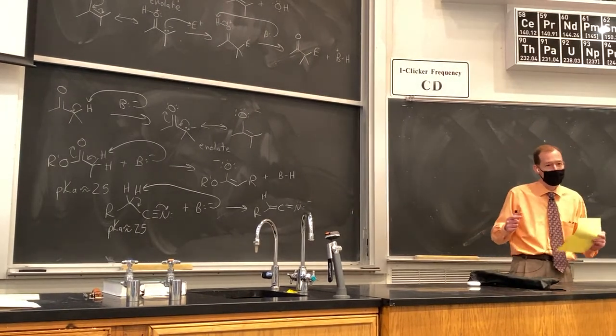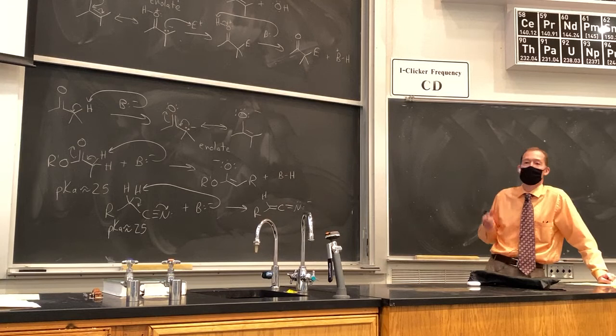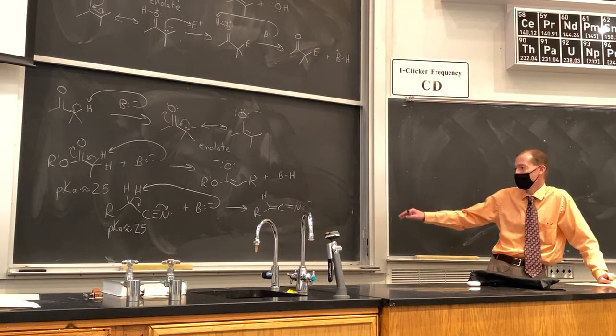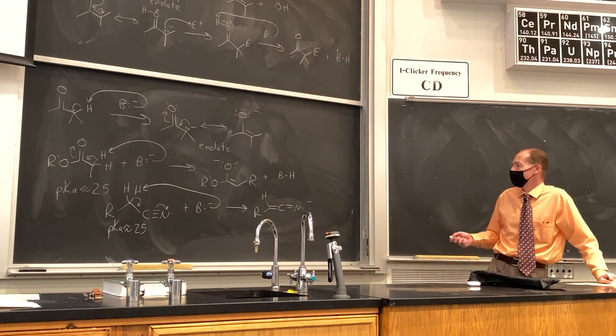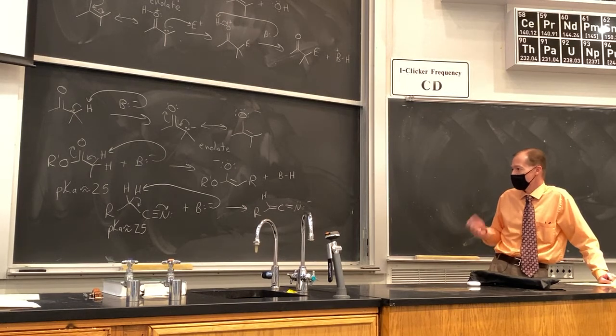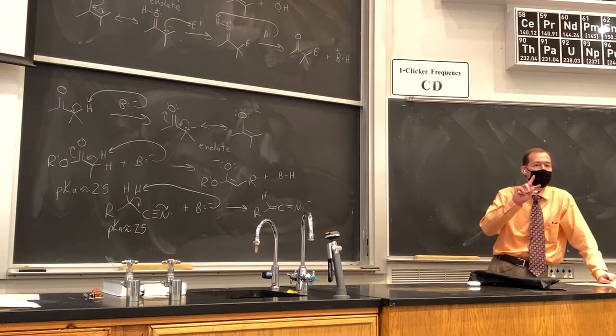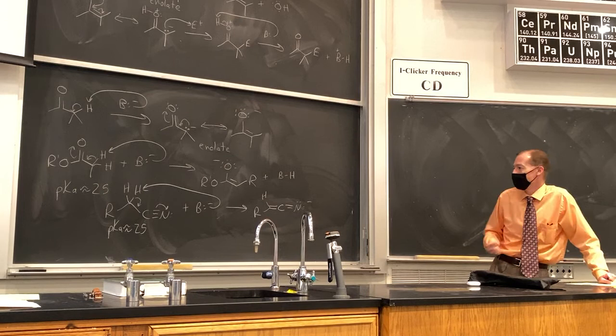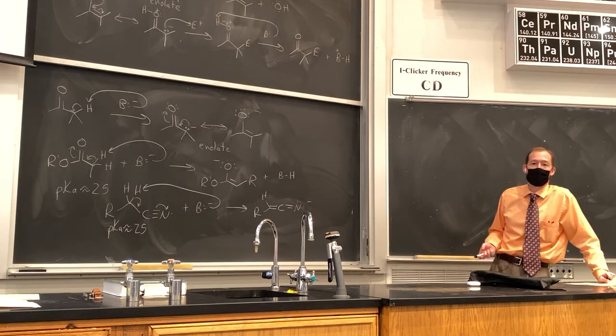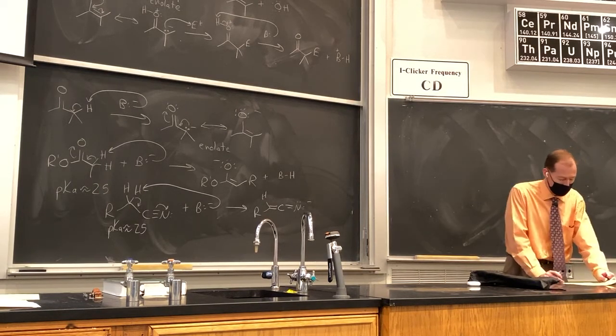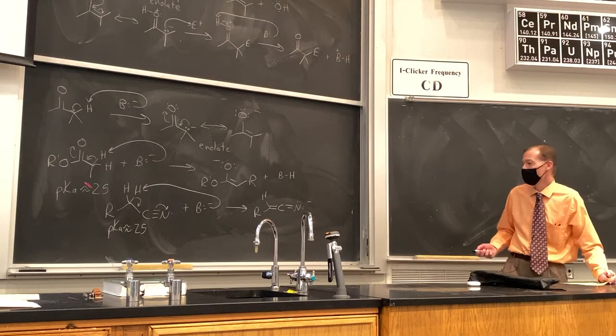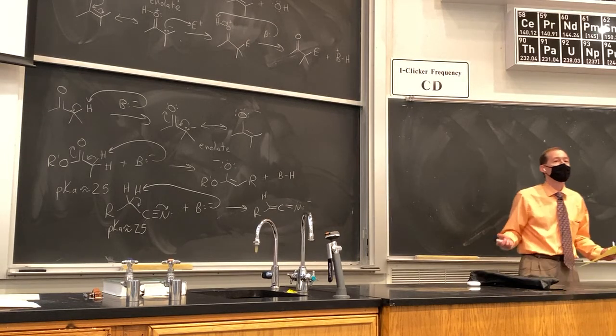You don't get as much benefit from having the negative charge on the nitrogen in the major contributor of a nitrile as you do from having the negative charge on the oxygen in the major contributor of an enolate. So those two features cancel each other out, and you have nitriles being comparable in terms of their acidity to esters. Any questions?